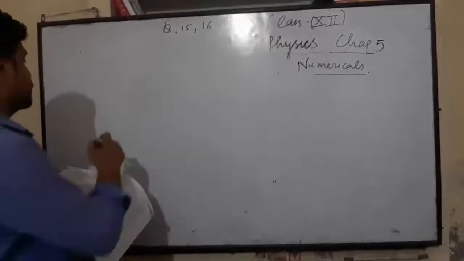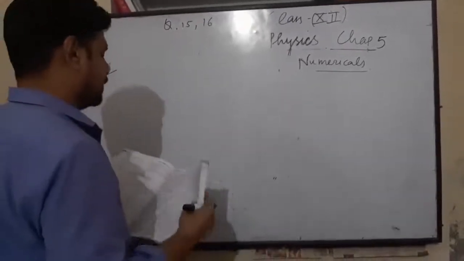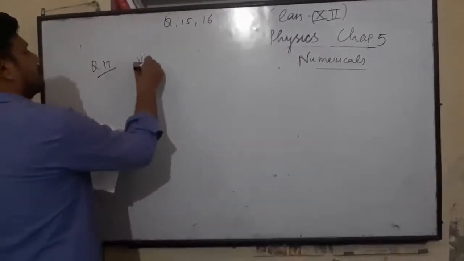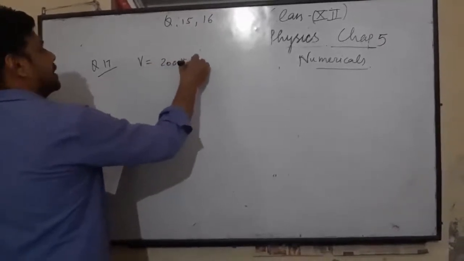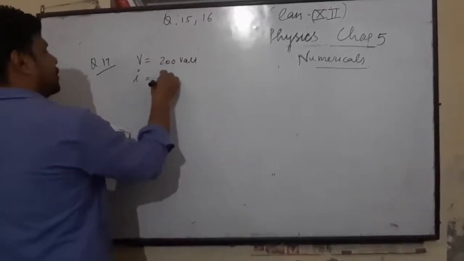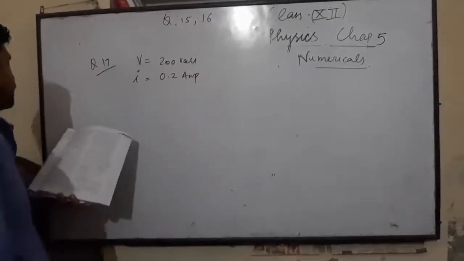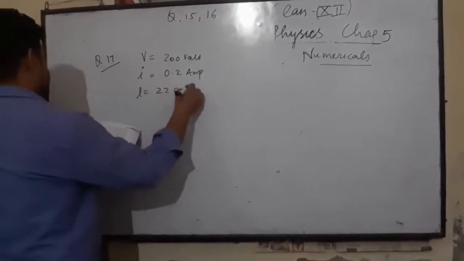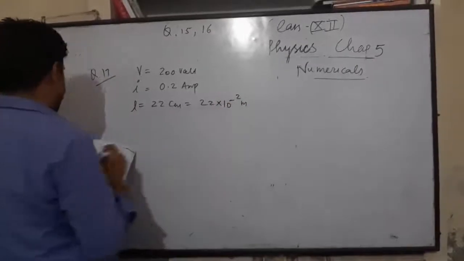Now we will do question number 17. A 20 volt bulb takes a current of 0.2 ampere. The voltage rating of the bulb is 20 volt and it takes a current of 0.2 ampere. The length of the filament is 22 centimeter or 22 into 10 to the power minus 2 meter.